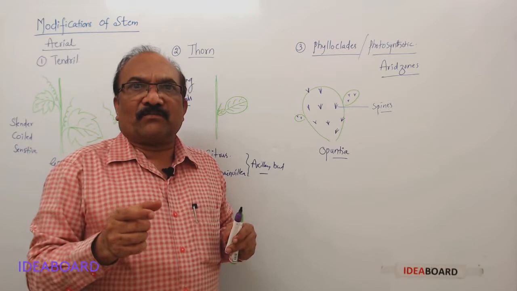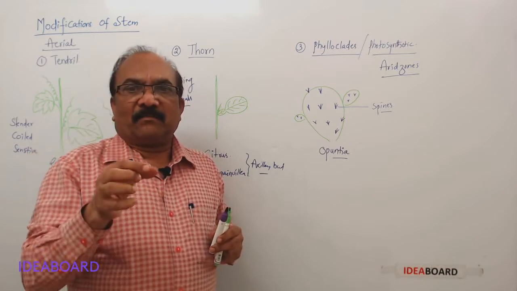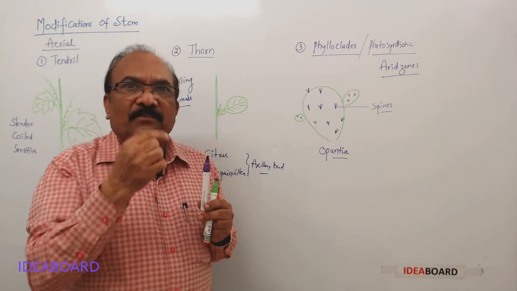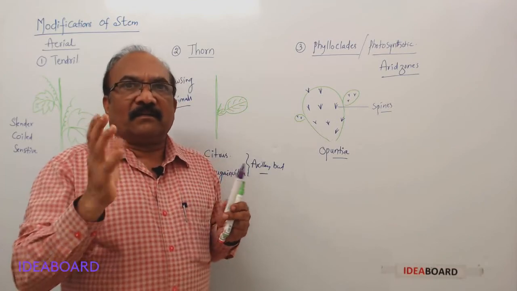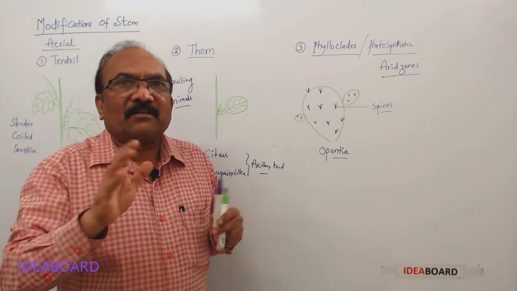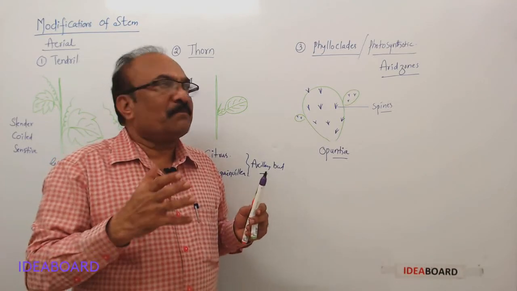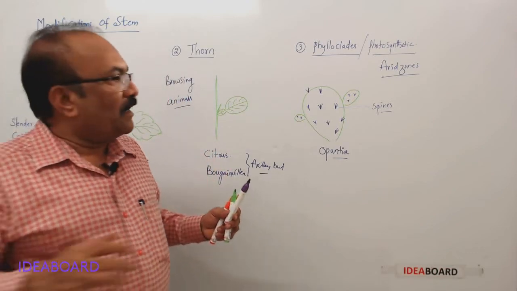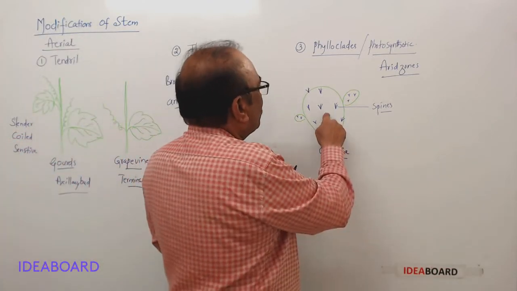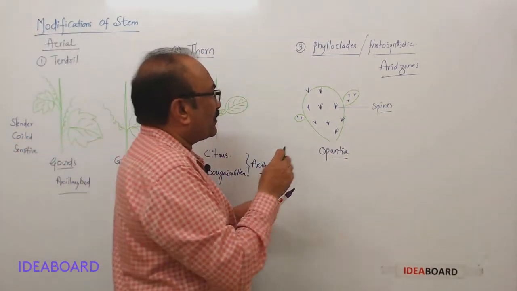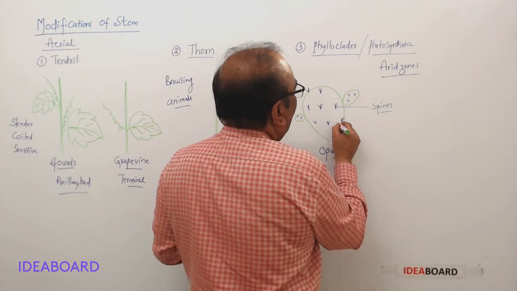If the stem is as usual cylindrical, a normal thin cylindrical structure, then it may be green in color, but the area is not sufficient. That's why in these plants the stem is expanded, and this expanded green colored stem now starts preparing the food material, and we are calling this the phylloclade.